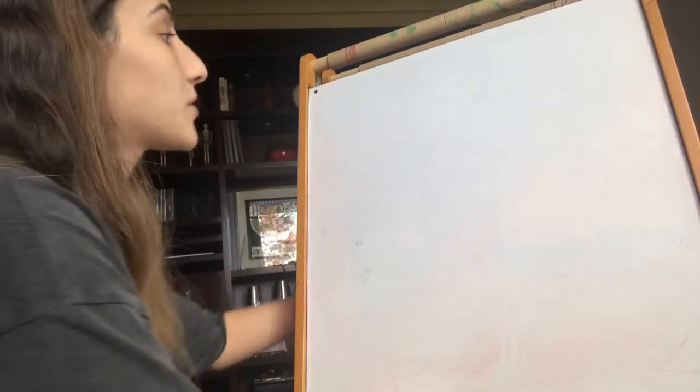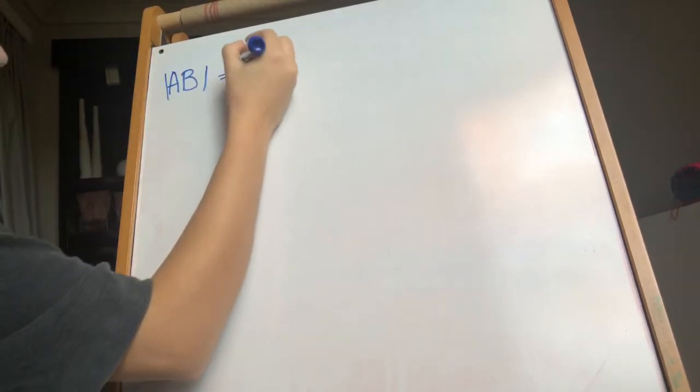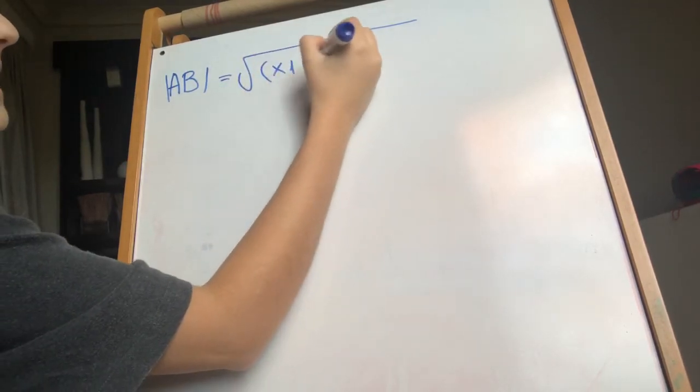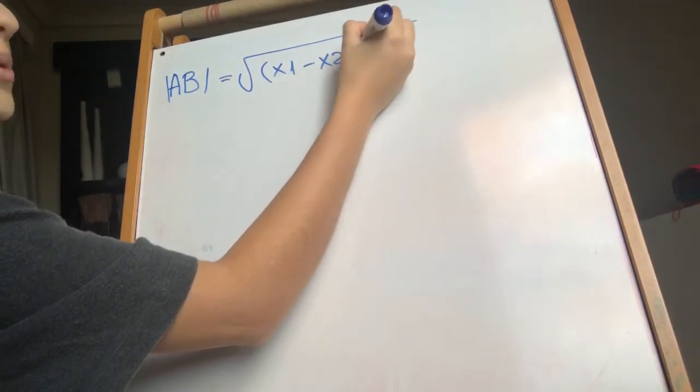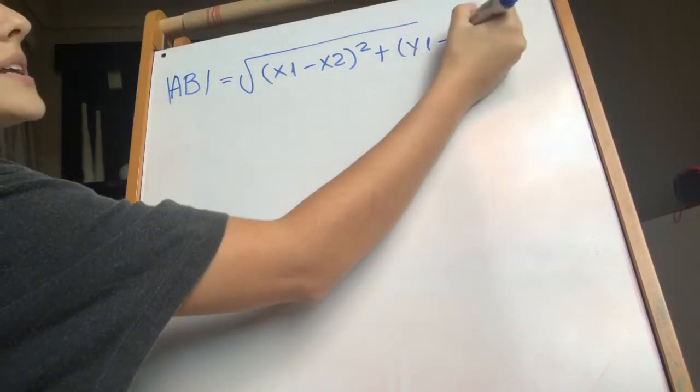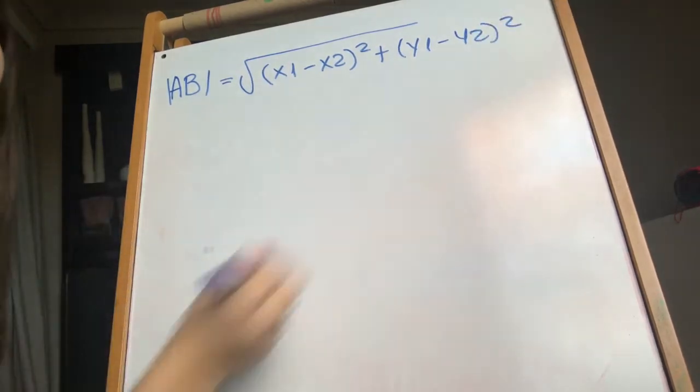So the last step is calculating the distance between point A and point B. For this step we have to use the following formula. AB equals the root of x1 minus x2 squared plus y1 minus y2 squared.